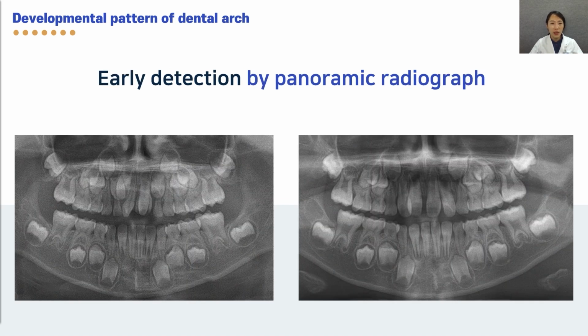Let's see another case. This patient showed two supernumerary teeth in the anterior maxilla, and the right central incisor was deviated from the normal position.